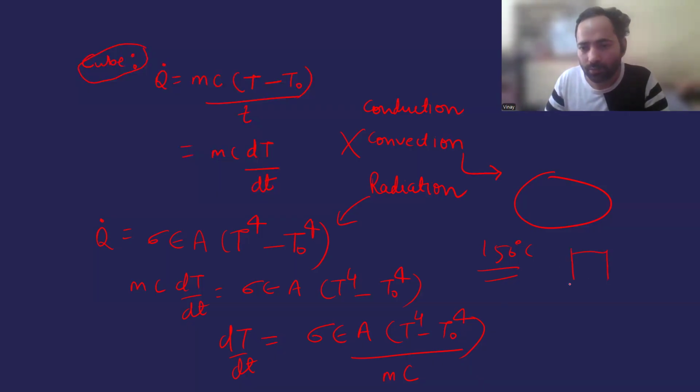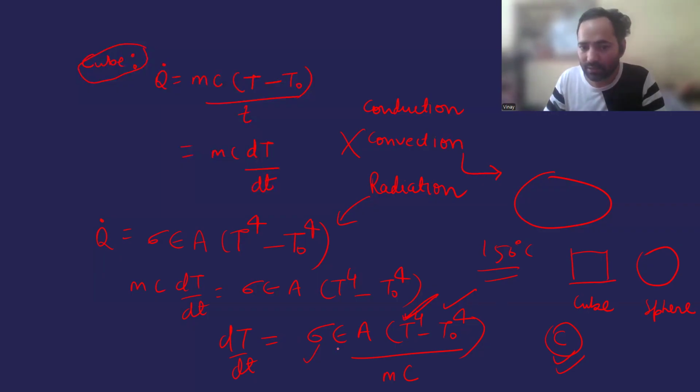Tell me one thing. Both cube and sphere, let's just assume they have the same material. Same material, so C will be the same. They have the same initial temperature. They are put in the same surrounding. T naught will be the same, capital T will be the same. Stefan-Boltzmann constant, it's a constant.